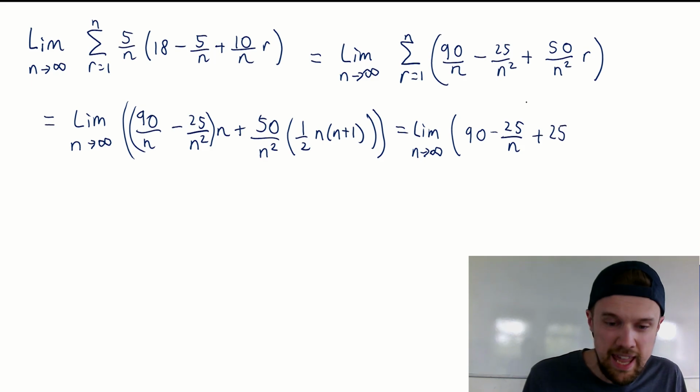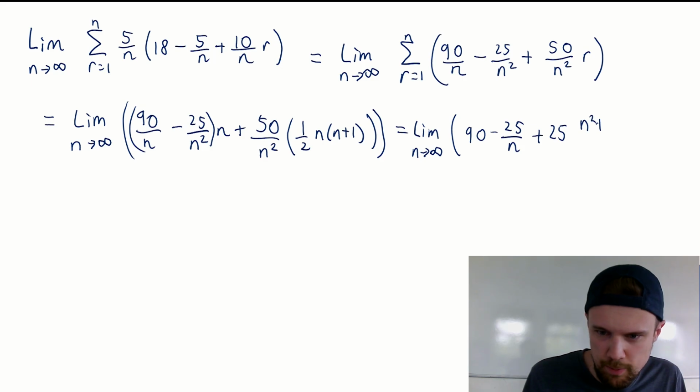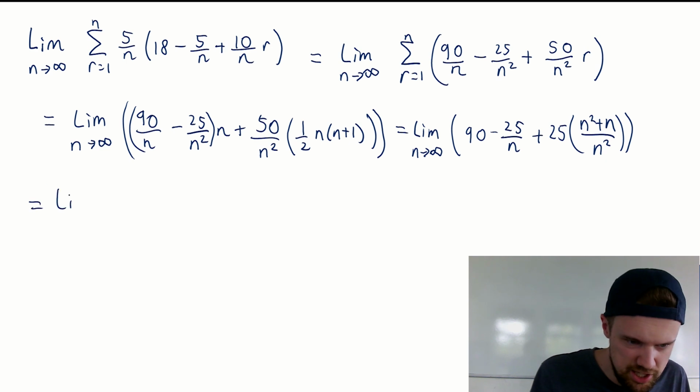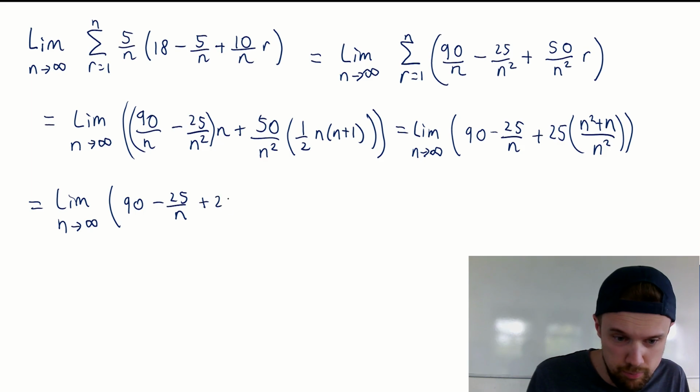And then the n and n plus 1 all divided by the n squared will get us n squared plus n all divided by n squared, which then can be simplified some more. Because the n squared over n squared will get us basically just 1. And the n over n squared will get us a 1 over n.